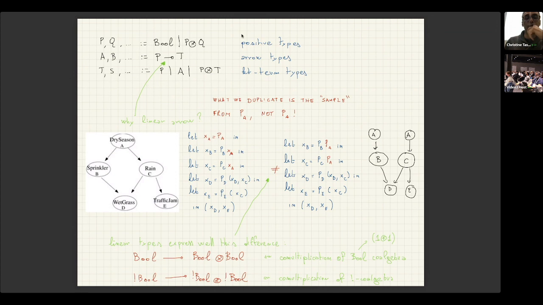Okay, I don't want to enter too much into the details. We are using linear functions because what we duplicate in a term is not stochastic matrices, but sample values of stochastic matrices. So for that reason, this let expression can be defined as linear functions.